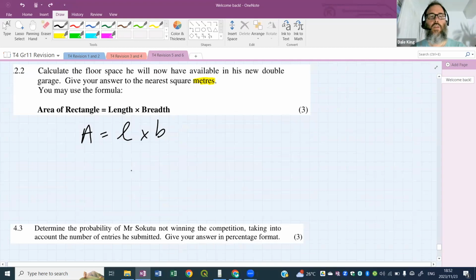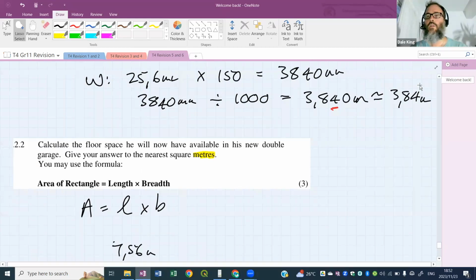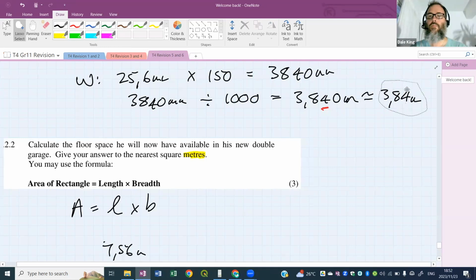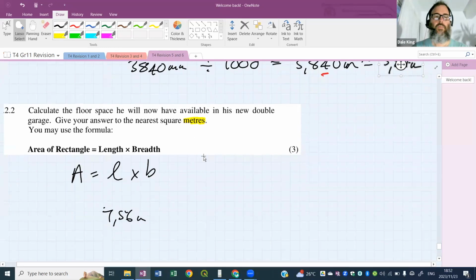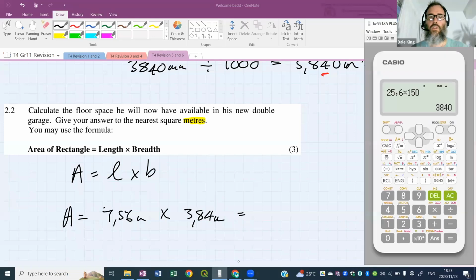Let's put it over here. And our breadth is 3,84. We need to multiply these two values together. And what do we get? All right, Keon, as usual, fast with the fingers.